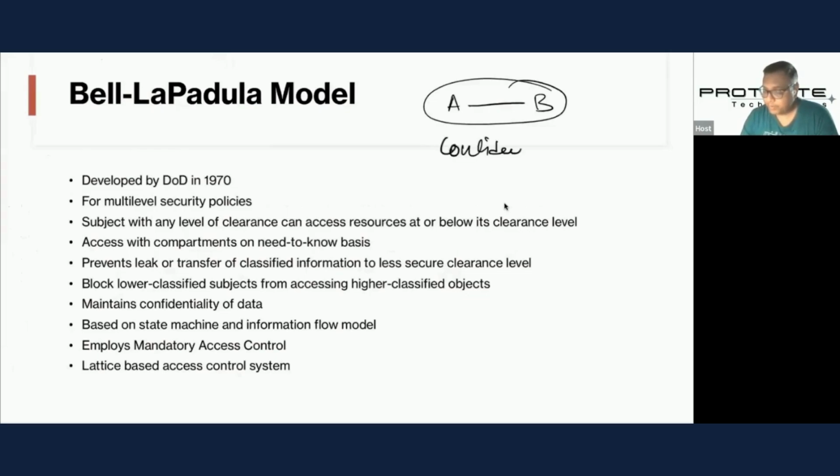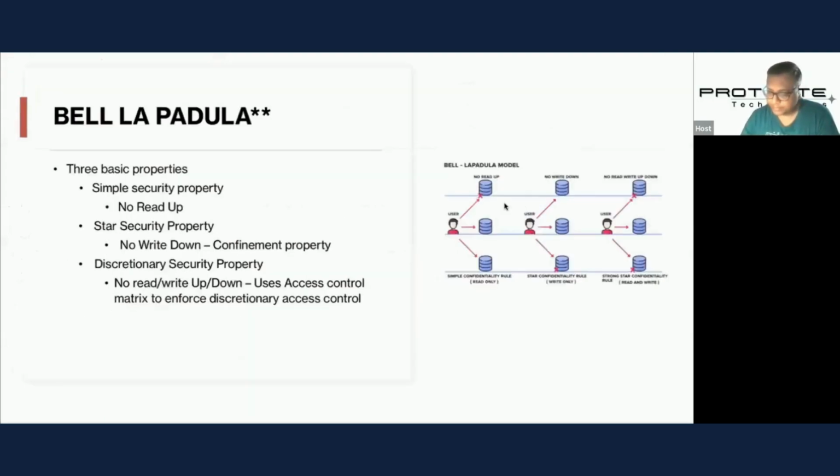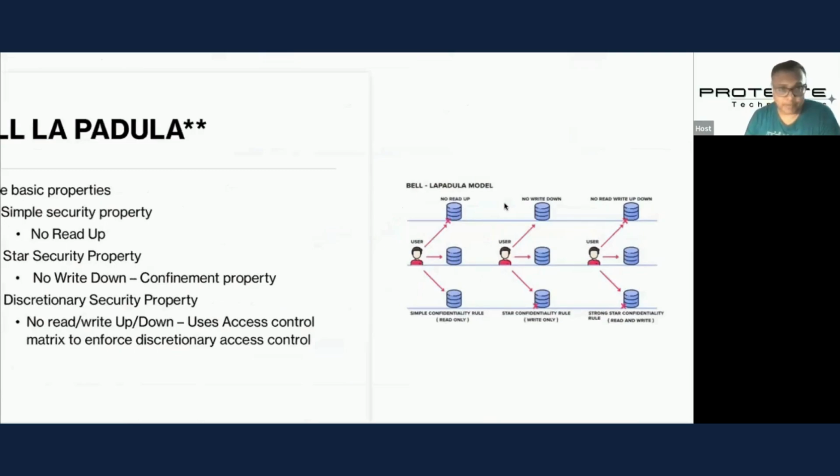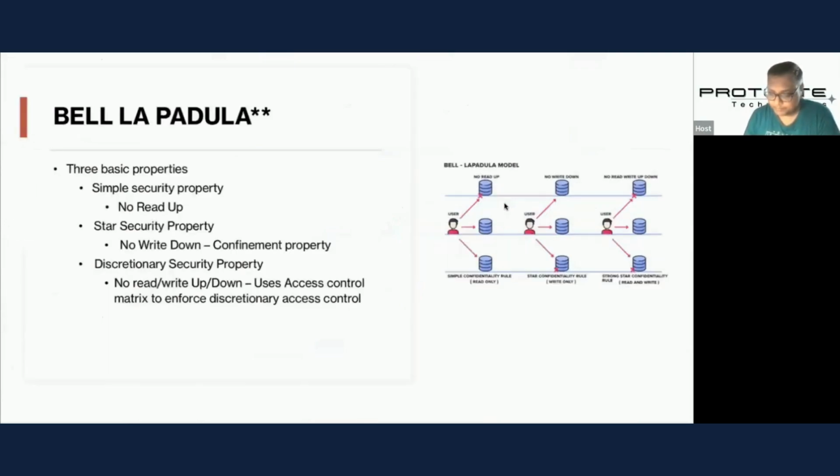Now how the model works is actually a little interesting. Say there are 3 properties. One is called no read up, second is called no write down, and third is no read or write up or down. Now let's explore the first property, that is no read up.